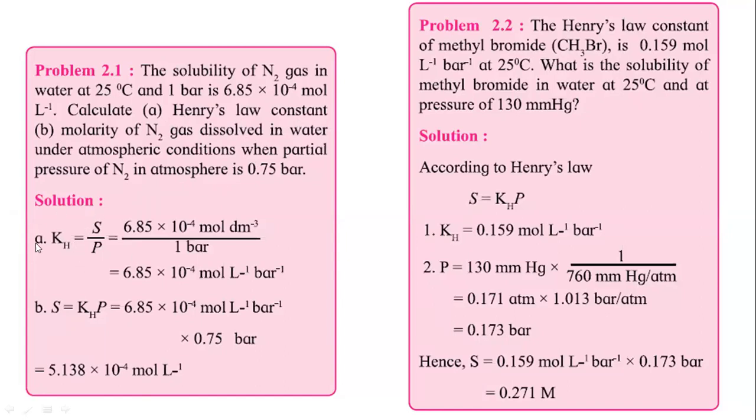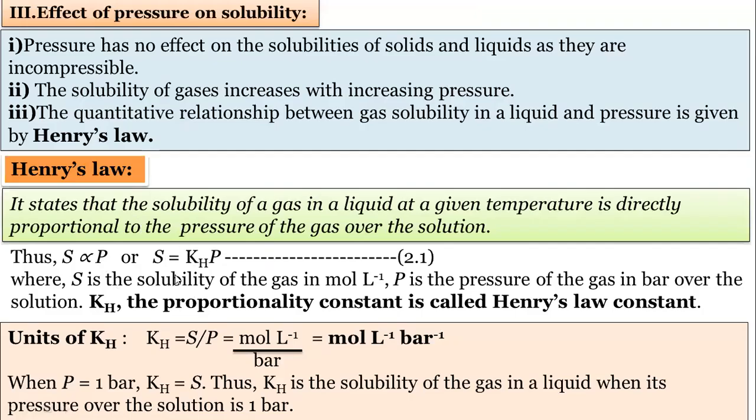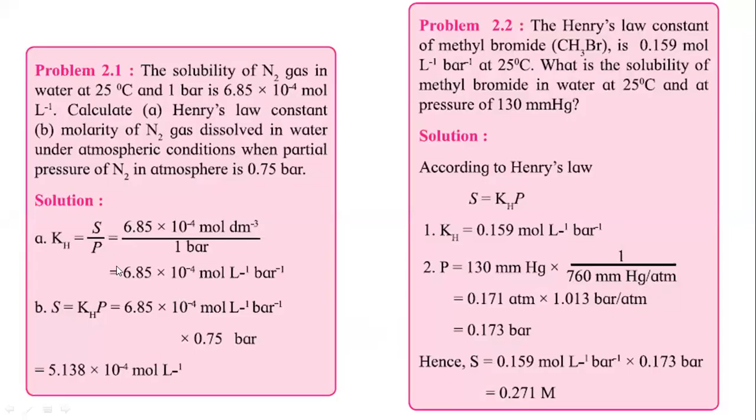By knowing this formula, KH is equal to S upon P. According to this formula, KH is equal to solubility divided by pressure. The solubility is given as 6.85 into 10 raised to minus 4 moles per dm cube, or moles per liter, divided by the pressure, which is given as 1 bar.